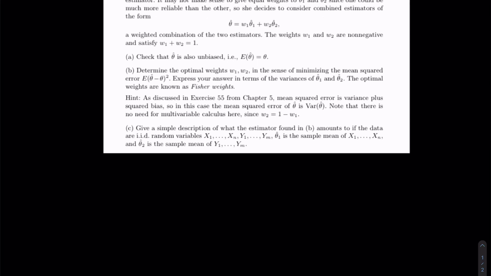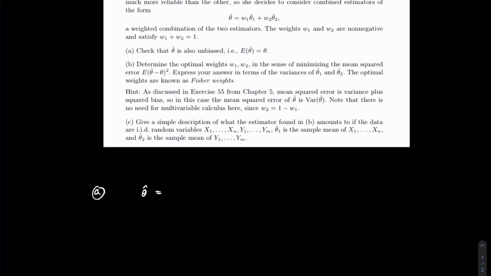Okay, so let's check whether this estimator is unbiased. What we have here is phi hat, which equals w1 phi hat 1 plus w2 phi hat 2, like so.